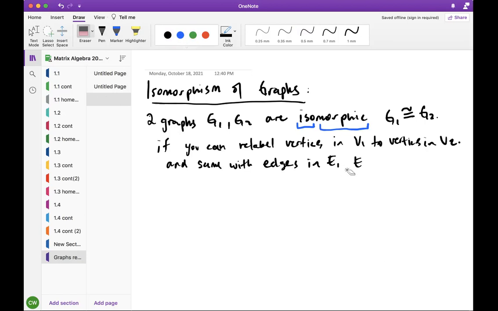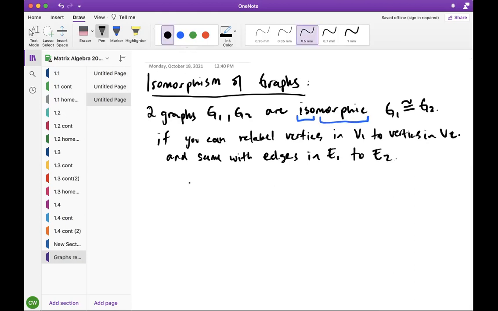So edges in E1 can be relabeled to edges in E2. Maybe an easier way of saying this is that graphs are isomorphic if you can twist and stretch one graph into the other.